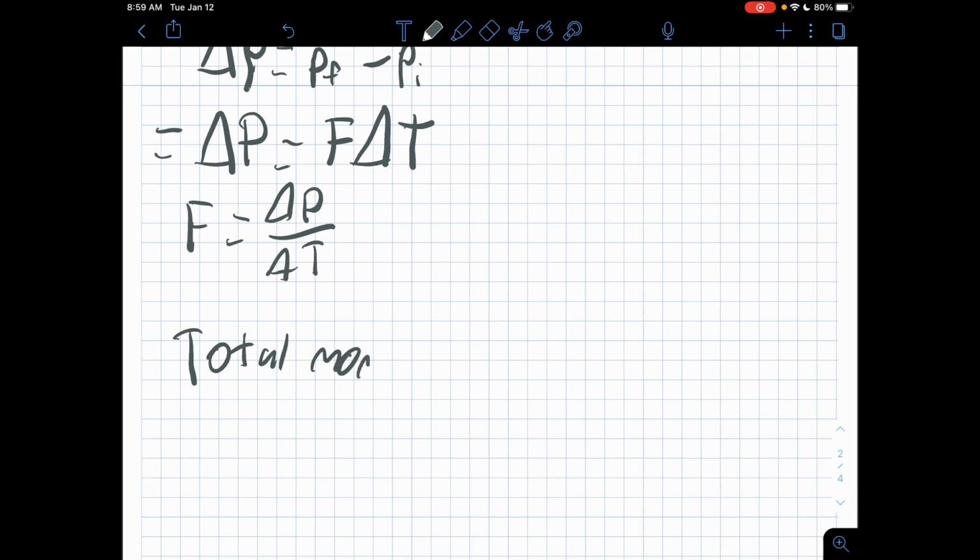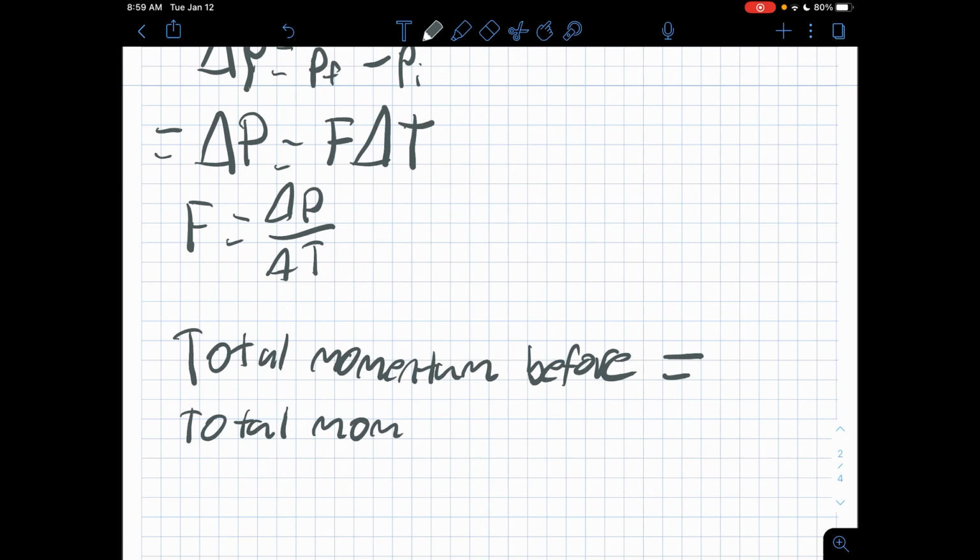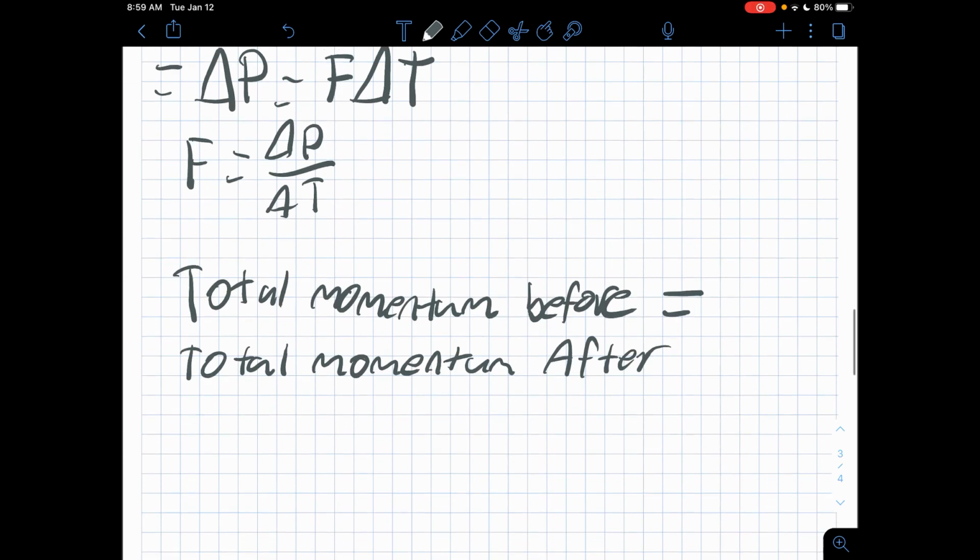Total momentum before is equal to the total momentum after. This is a really important concept to understand for the next video and the next few questions that I'll be going over with you.